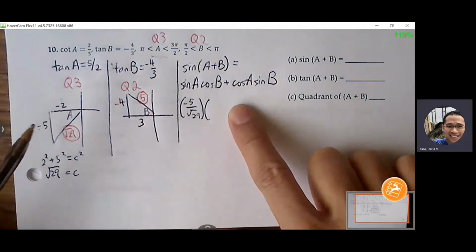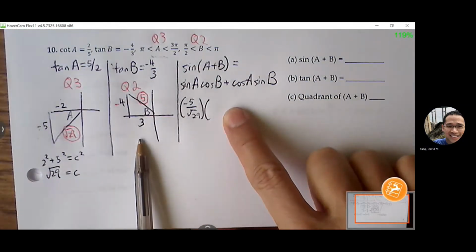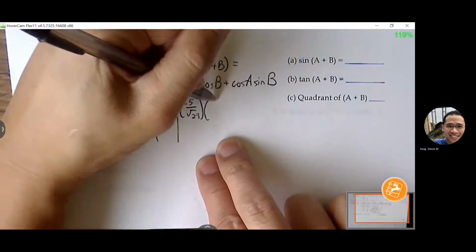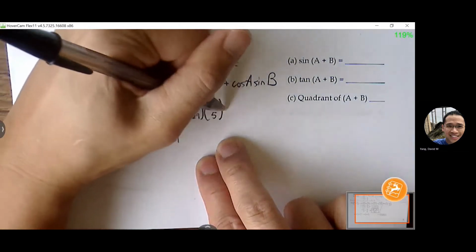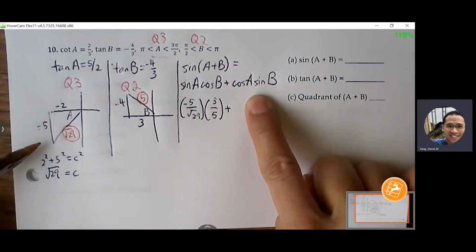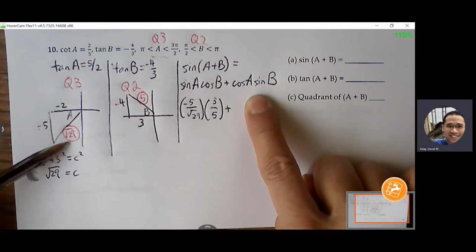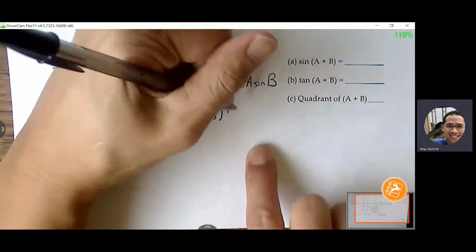Cosine of b. 3/5. Back to cosine of a. -2/29, adjacent over hypotenuse.